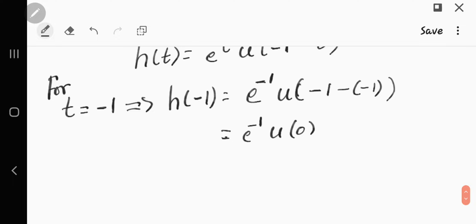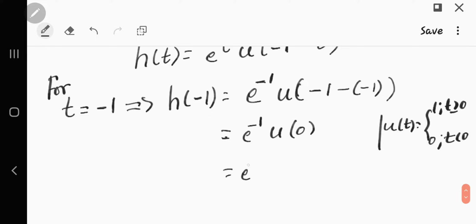And u of 0 is 1 from the definition. u of t is equal to 1 for t greater than or equal to 0, and it is 0 for t less than 0. So you will end up with e to the power of -1, which is a finite value.